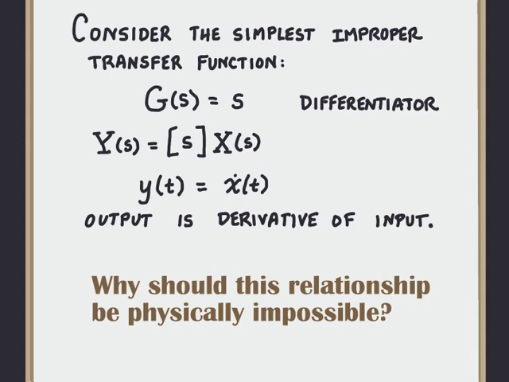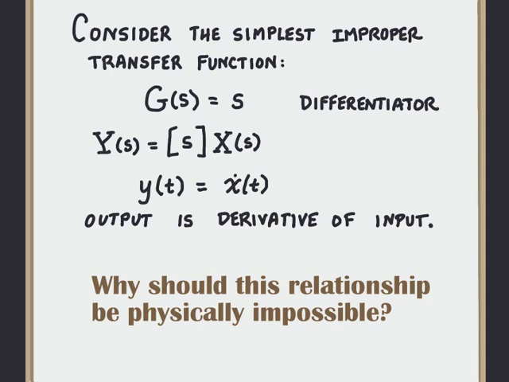So the numerator is a polynomial of order 1, and it's simply s, and the denominator is a polynomial of order 0, and it's simply 1. So the relationship between the input and the output then is y of s is equal to s times x of s. So the transfer function is s.